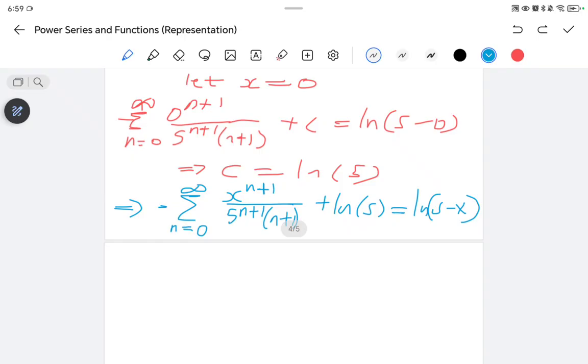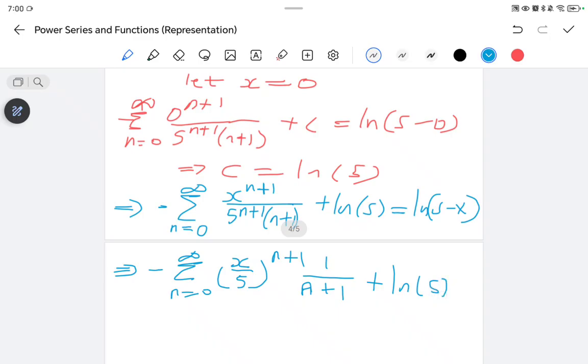Let's see. So for finding the radius, we can simplify this further and say that this will be n equals 0, x over 5 to the n plus 1, 1 over n plus 1. You see what I did there right now?